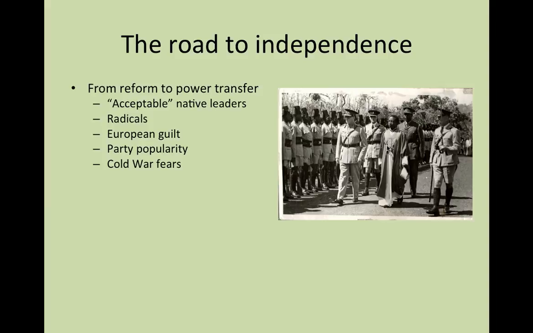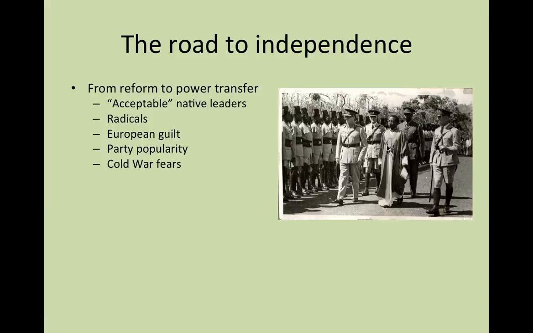And so, as the British were working with these, what they envisioned as acceptable native leaders, we often see the rise of radicals, some of whom were willing to court the favor of the Soviet Union, some of whom were just sort of fiercely anti-colonial in other respects, who had other ideas.